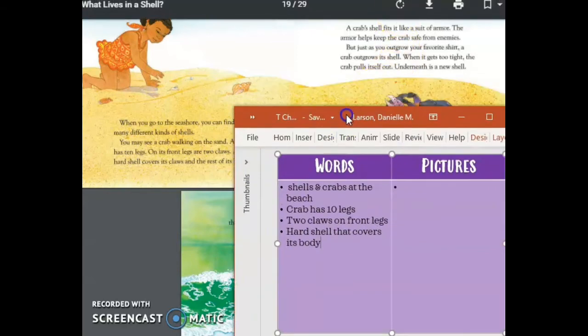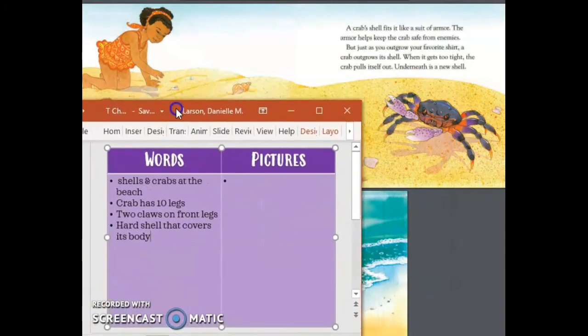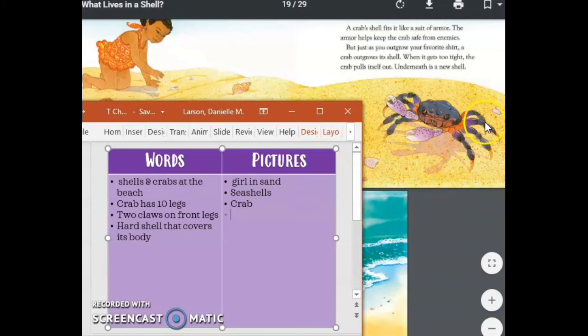Okay, so now we're going to pay attention to the picture on this page. In the picture on this page, I see a girl in the sand, and I see some seashells. I see a crab. Let me count the legs. 1, 2, 3, 4, 5, 6, 7, 8, 9, 10.